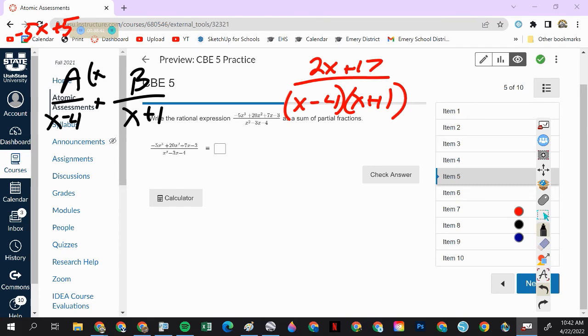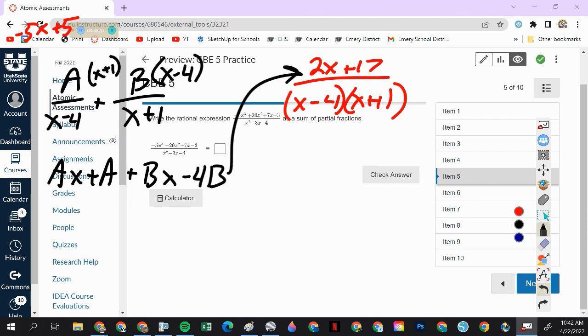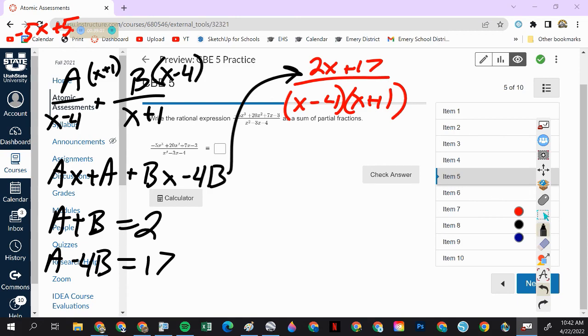So this needs an x plus 1, and this needs an x minus 4. And ax plus a, bx minus 4b is equal to that. So a plus b is 2, and a minus 4b is 17. So I'm going to negate the bottom and add.